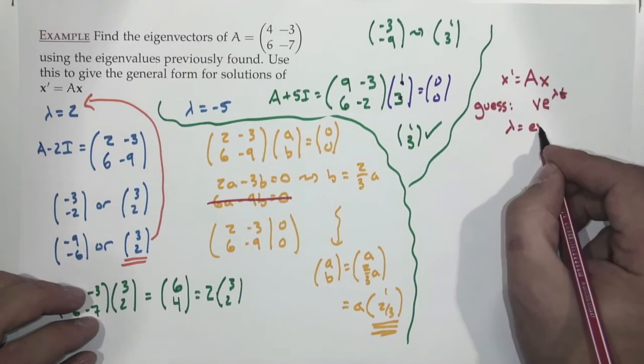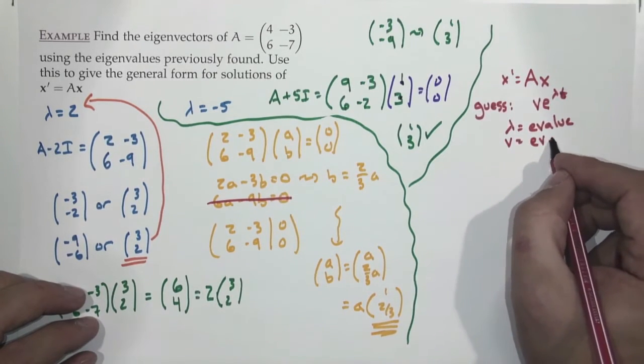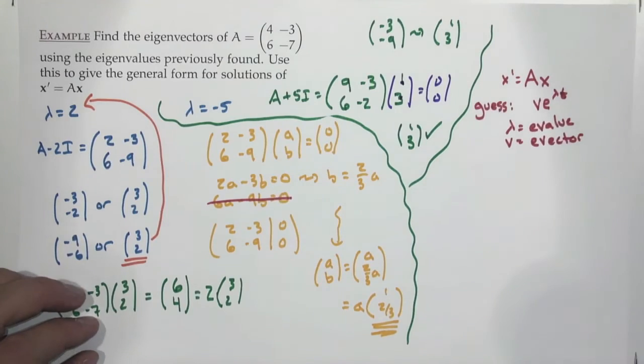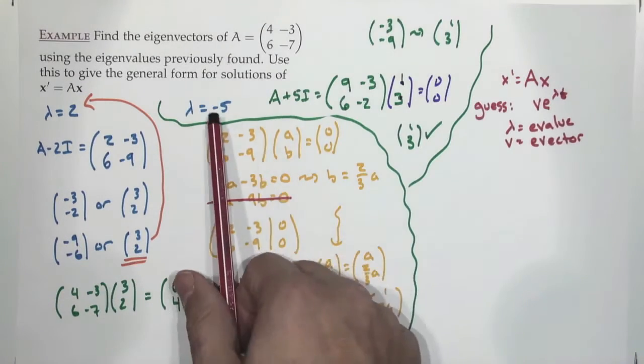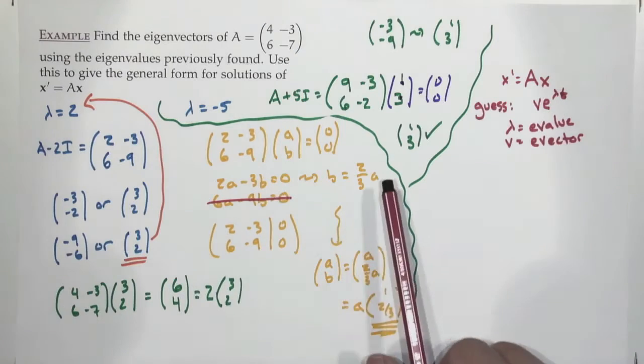Lambda is your eigenvalue. v is your eigenvector. So we have eigenvalue, eigenvector pairs. So these are solutions. That's why we went through all this work. So each one of these pairs represents a solution.